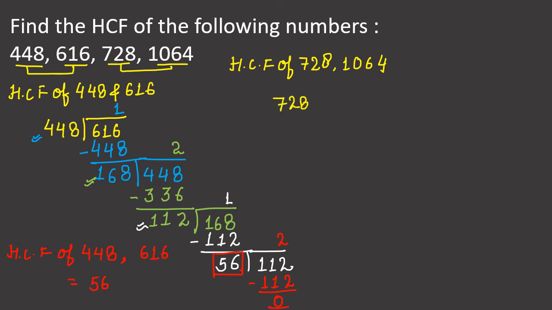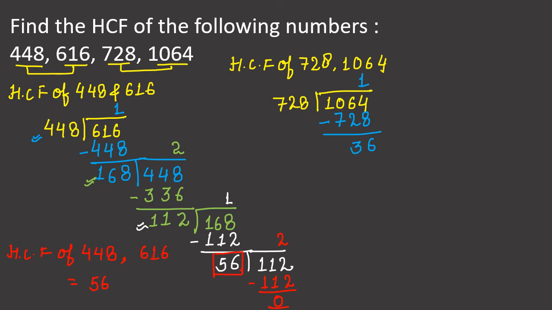Now divide 1064 by 728. 728 ones are 728. Subtract them. It will be 6 here, 3 left and 3 left here. So 336 will be the next divisor.